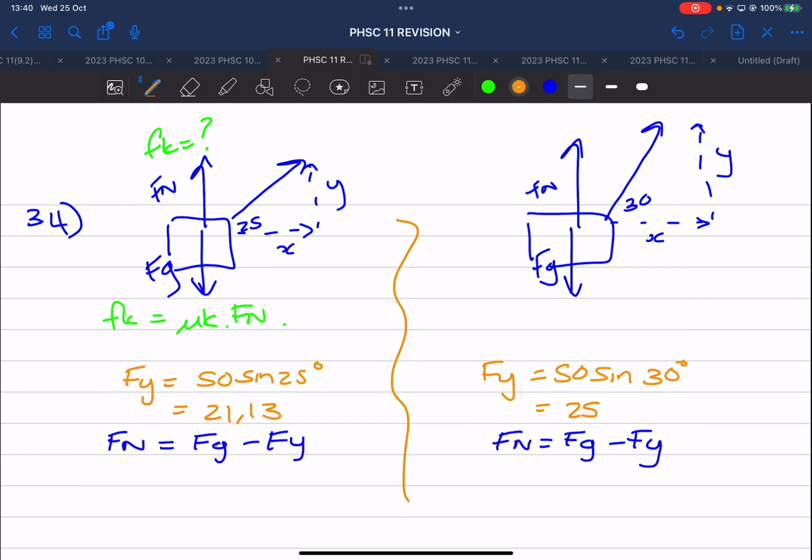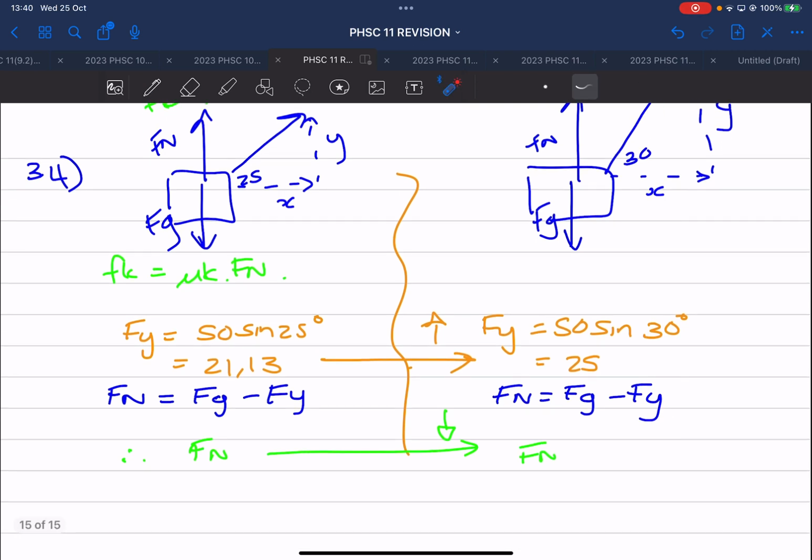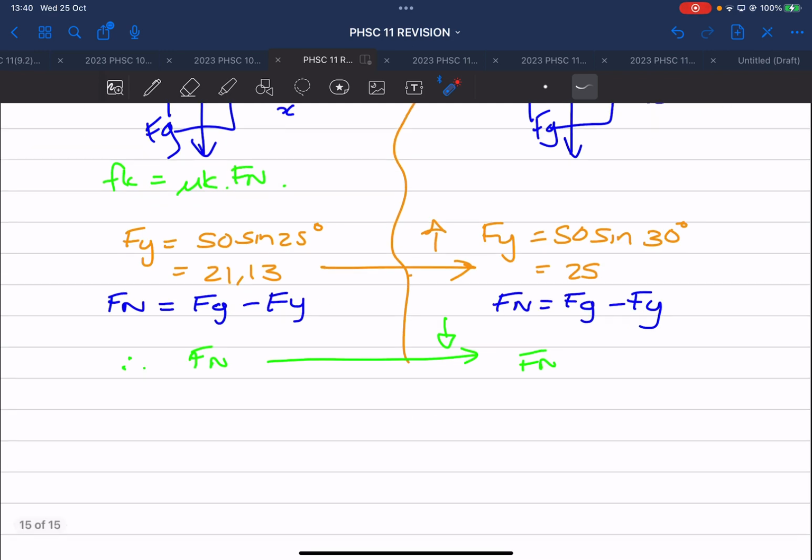Okay, so from here to here, we can say if y increased, the Fn decreased. So if we look at this formula again, if the normal force decreased, what will happen to the frictional force? Increase or decrease? Decrease. So our answer thus is it will decrease.